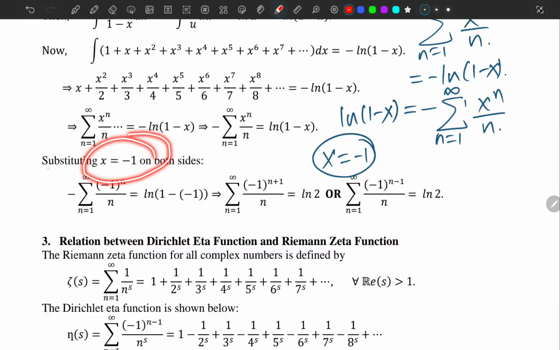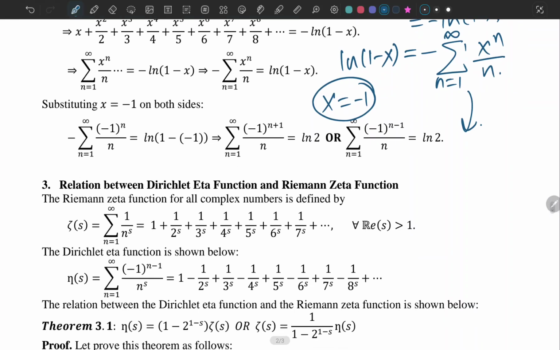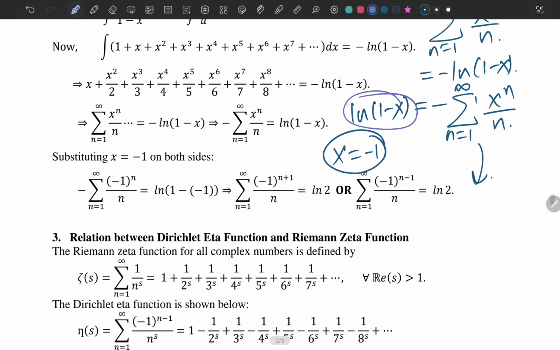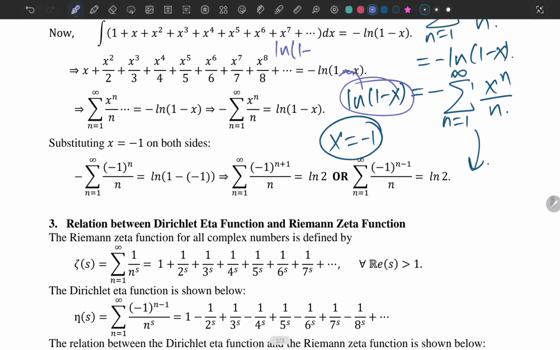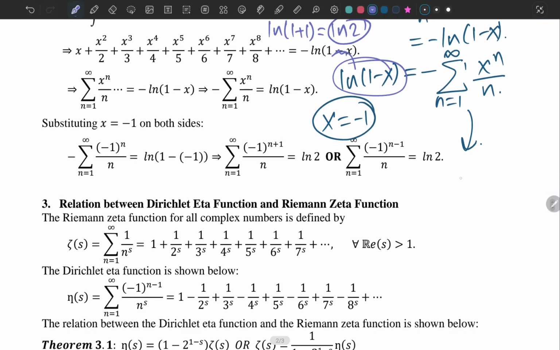I hope you can see that right over here. So now when you talk about this part, that's going to be ln of 1 minus, so when you plug in x equals negative 1, that's going to be plus 1, so eventually ln of 2, and this infinite series becomes the infinite series as n goes from 1 to infinity of negative 1 to the n over n.